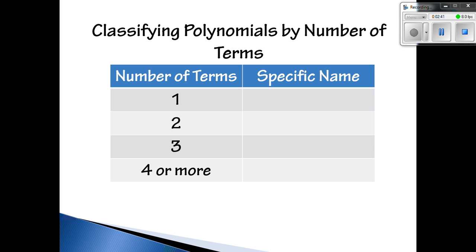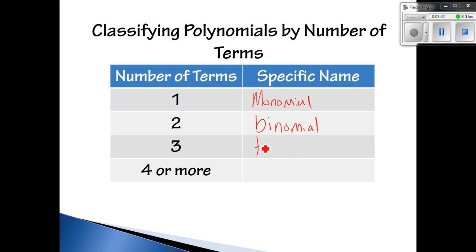Okay, so let's go through some specific names. If we have one term, we said yesterday that that's called a monomial. If it's got two terms, we call it a binomial.